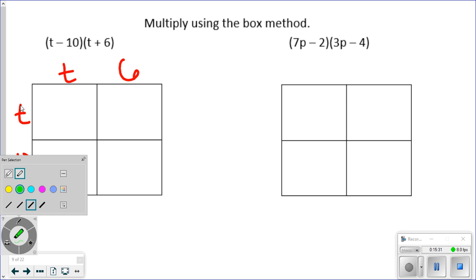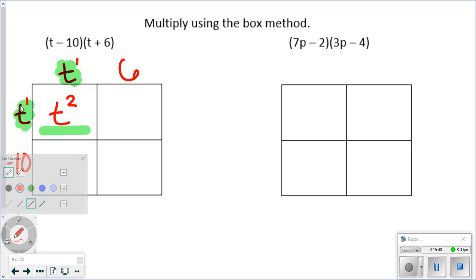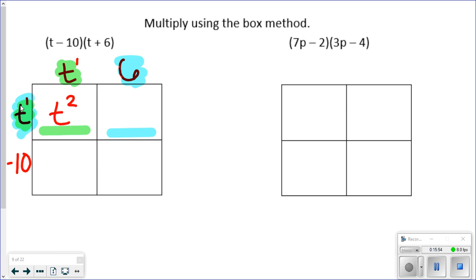This kind of reminds me of Punnett squares from science class. So we're multiplying t times t, and my answer is going to go in this first box. Remember our exponent rules. 1 plus 1 is 2. Then we're going to multiply t times 6, and it's going to go in this box, which is 6t. The number goes first. That's our coefficient.